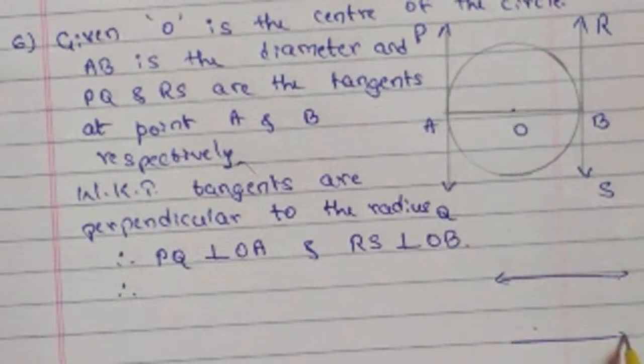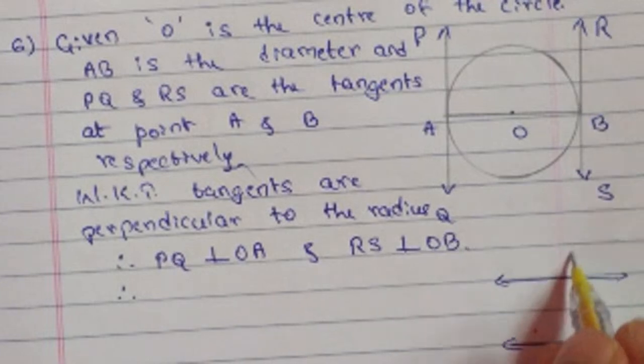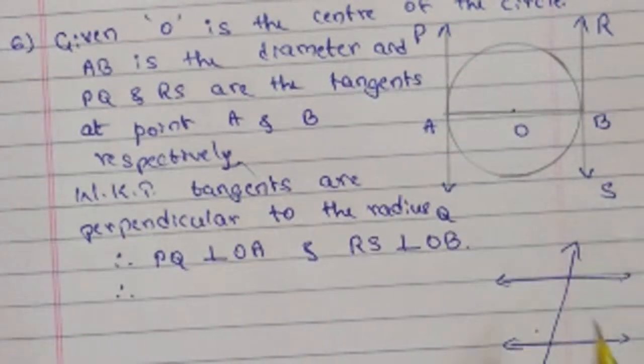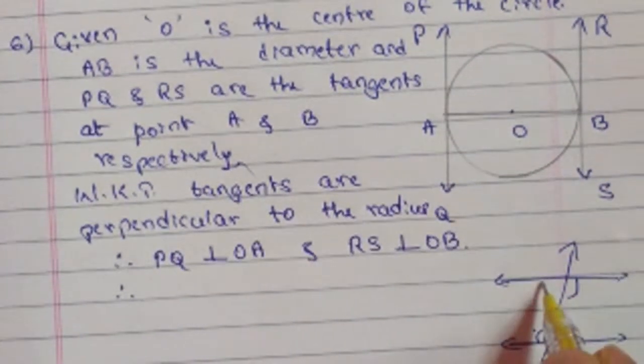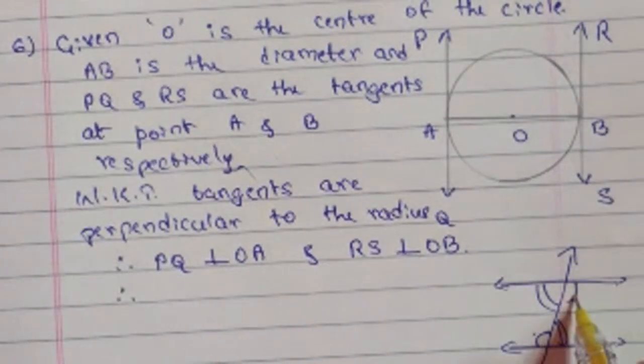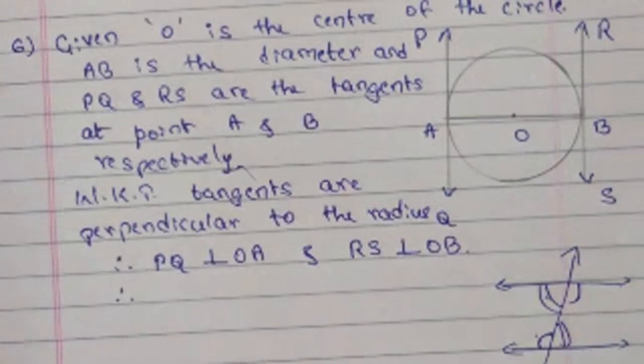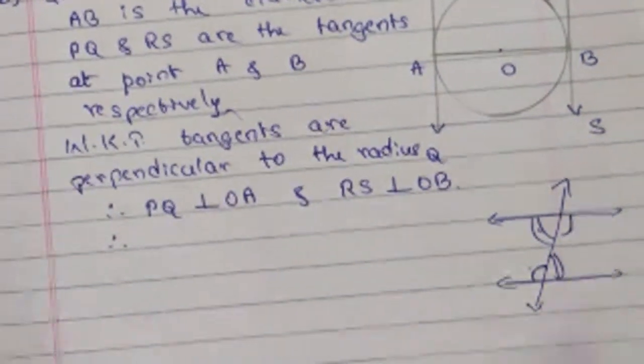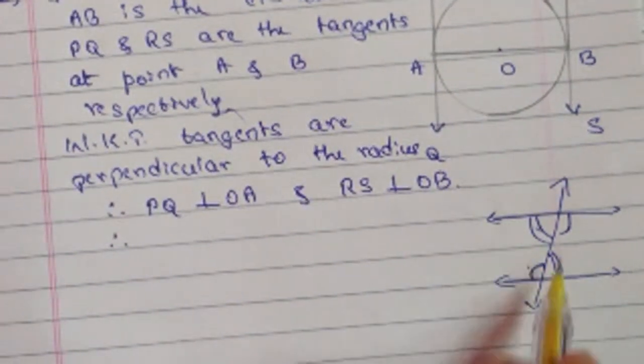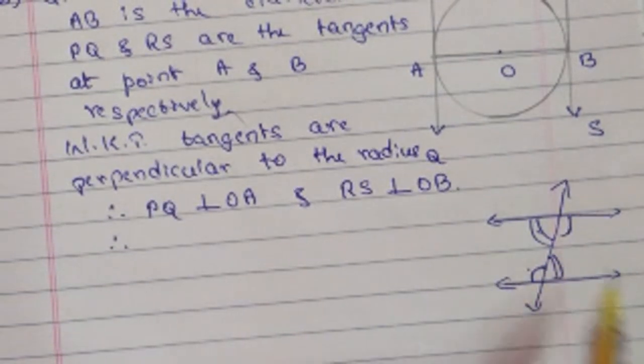I will consider these are the two parallel lines and they are cut by a transversal. Then the alternate angles are equal to each other. So this angle equals this angle. Similarly, this angle equals this angle.